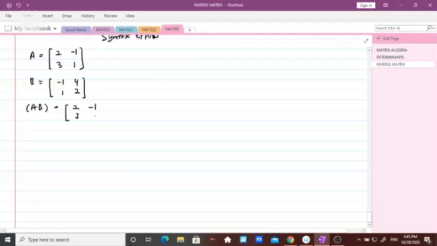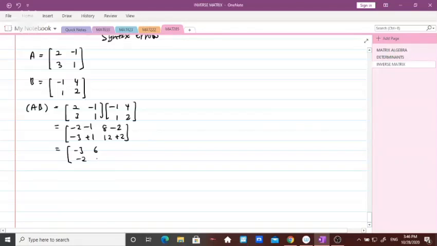We multiply the matrix A and B. The answer is negative 2 minus 1, 2 times 4, 8, minus 2, 3, negative 3 plus 1, 12 plus 2. So the answer is negative 3, 6, negative 2, 14.